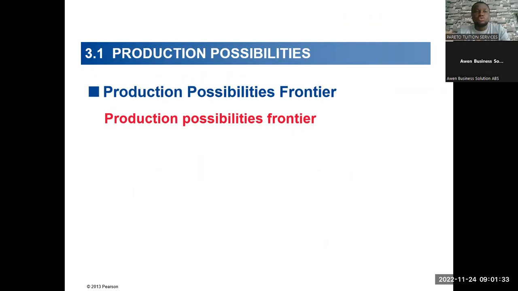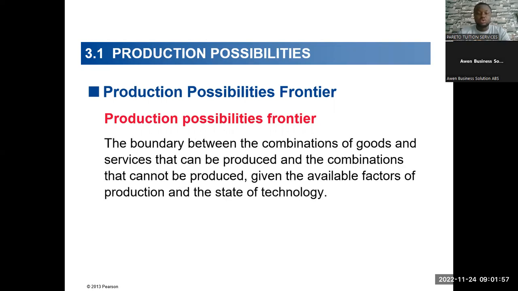Assuming you are producing two goods, good A and good B, what are the combinations of these two goods that you can produce if you are using all the resources that you have, all the factors of production, given the method of production and the level of technology? That's what we call the PPF.